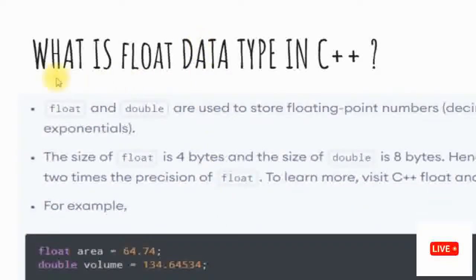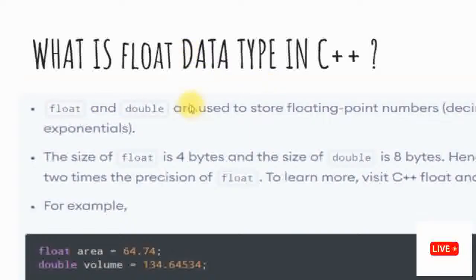Here we are going to discuss the float data type. Previously we were discussing normal integers or normal numbers that we have on the number line, and to use them in your C++ programming you have the data type int. Now to work with decimal point numbers or exponential numbers you have the data types float or double.